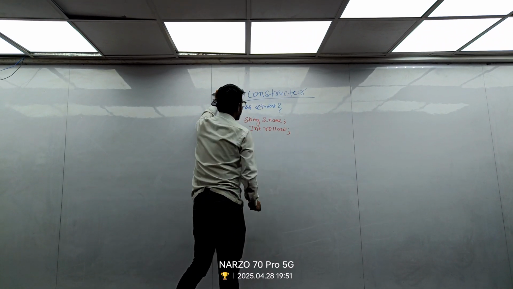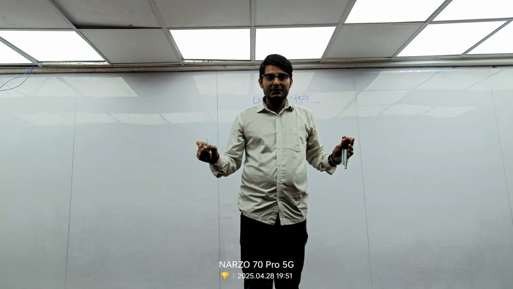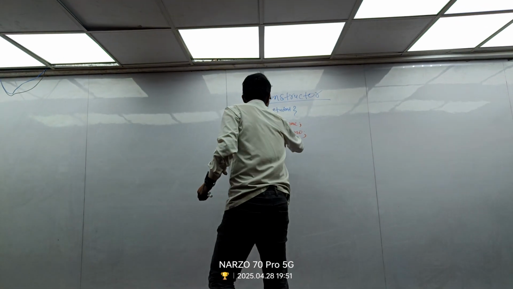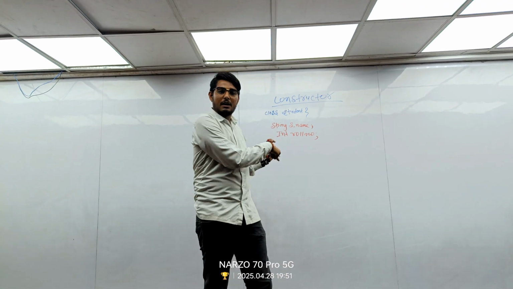For this student name and roll number, we have to create an object in a main method. I will explain everything about constructors through this example.